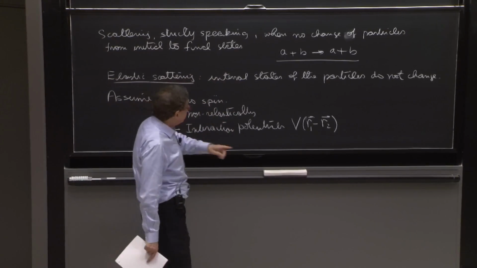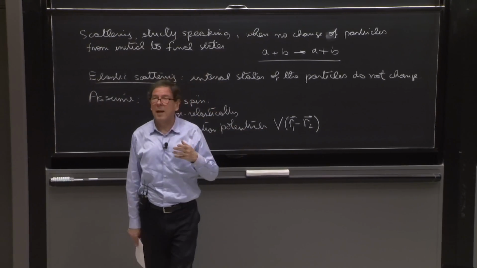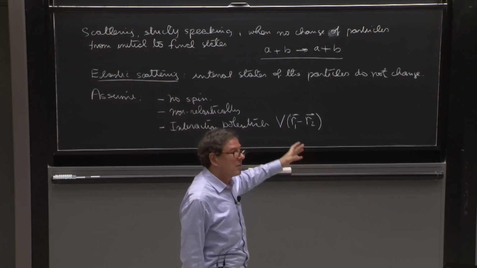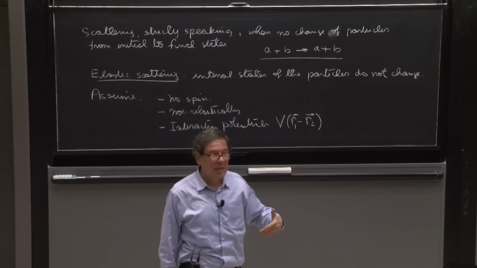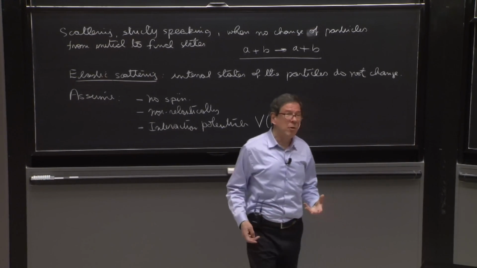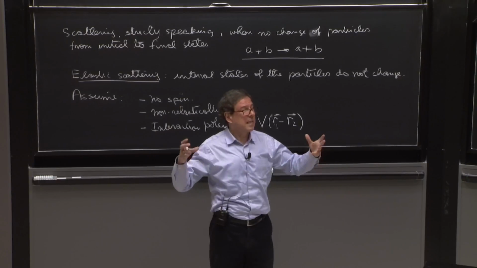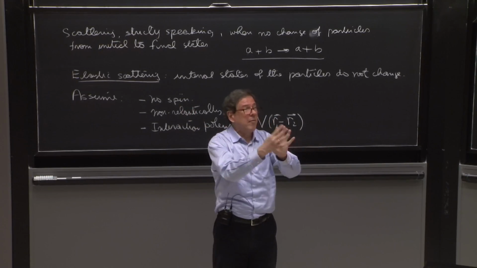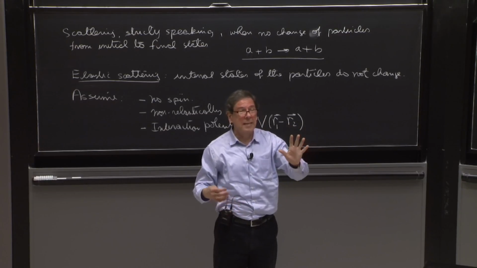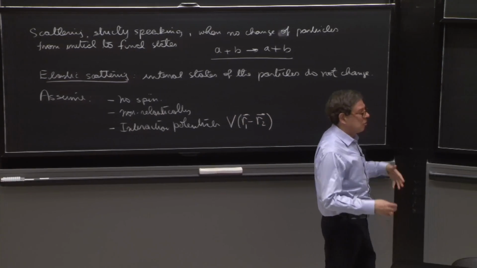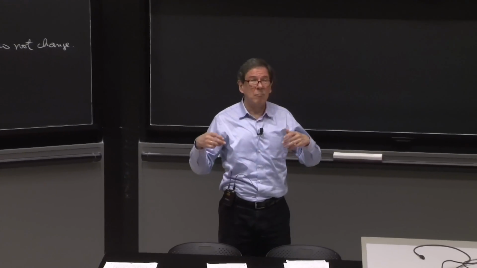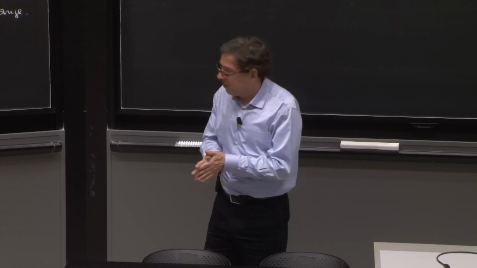But if you have a potential like this, like when we were studying the hydrogen atom for the first time, a potential that just depends on the differences of positions can be treated in the center of mass frame. It's a nice frame where you can work, and then you can think of it as a single particle scattering off a potential. So you translate the Schrödinger equation into center of mass degrees of freedom that are generally simple and we don't worry about, and a relative degree of freedom.